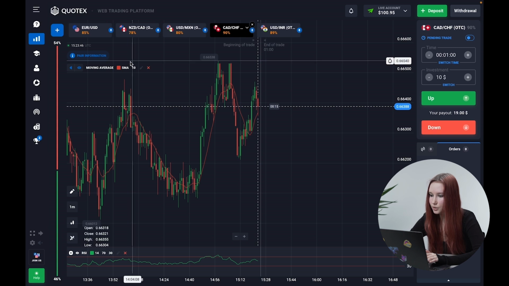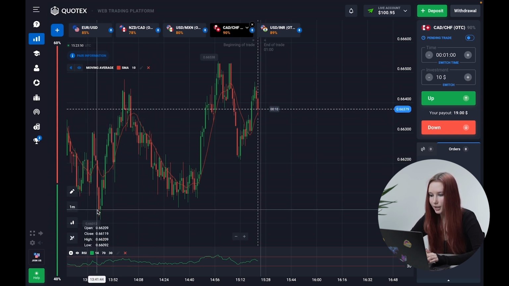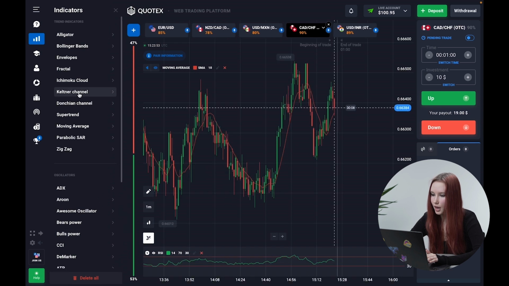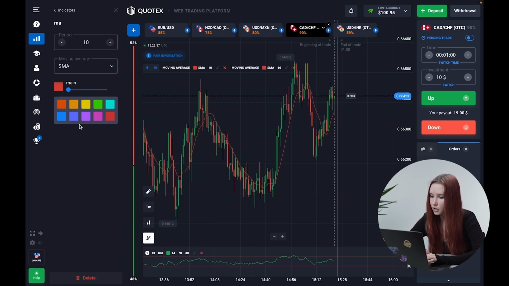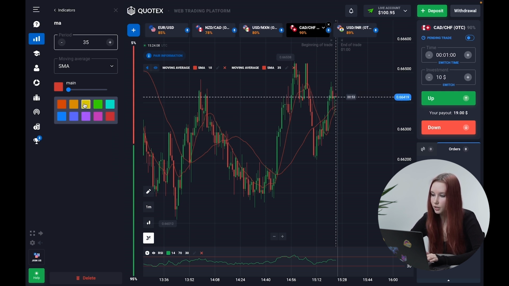Let's get closer to the deal. I have already selected moving average with a period of 10, but I need one more moving average because this strategy is based mainly on the intersections of two moving average lines. Here I'd like to change the period to 35, and also change the color, let it be yellow.